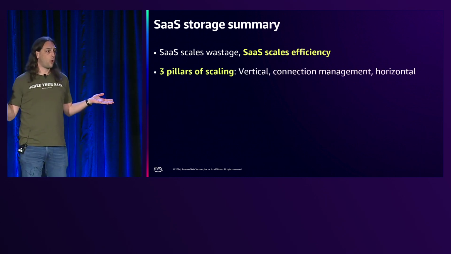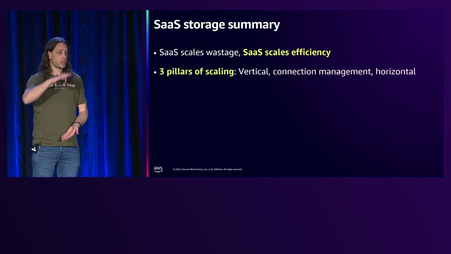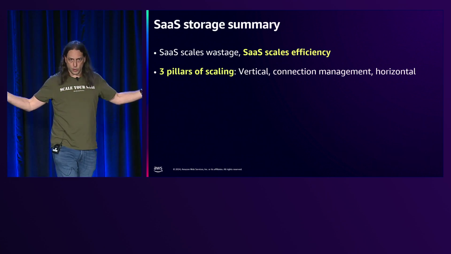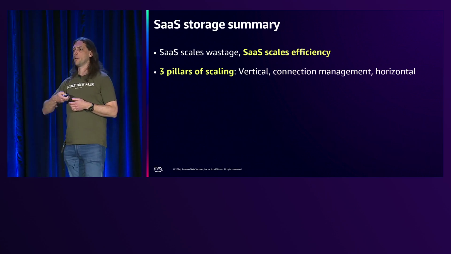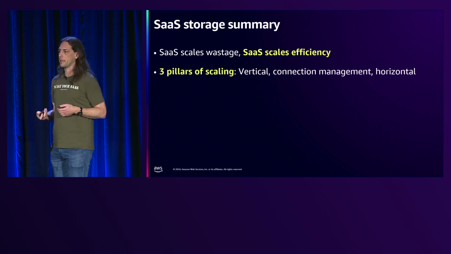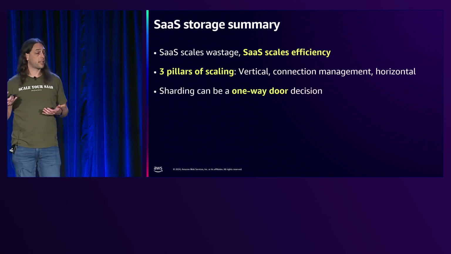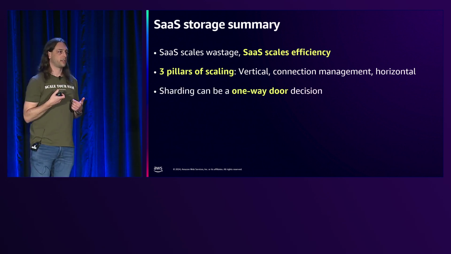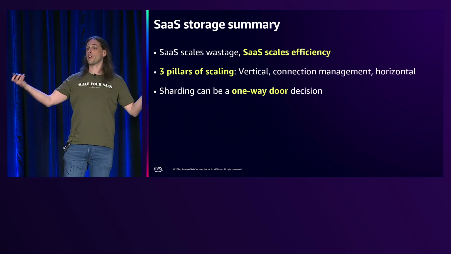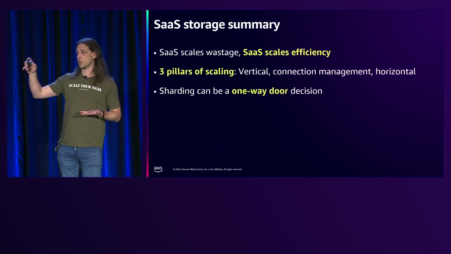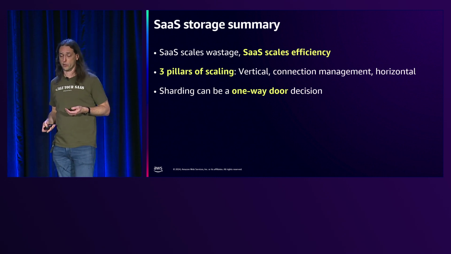Remember the three horsemen of scaling, right? We've got vertical scaling, connection management, horizontal scaling. Use them as far as you can before you implement that next scaling approach, because things like sharding can be a one-way door decision, right? Once you've implemented sharding, it's a big change on your architecture, very hard to get back. So try and stretch your storage as far as you can.